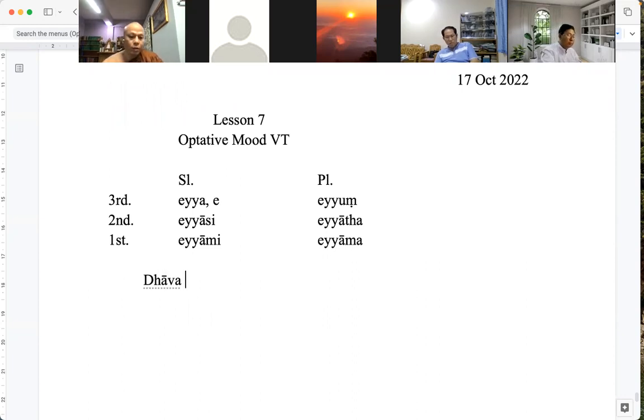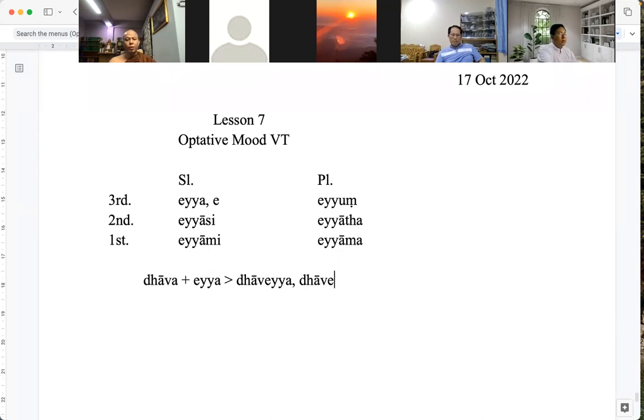To the dava base, by adding iya, we have daviya. But sometimes, instead of daviya, the iya gets dropped. So that is only the contracted form e. So davé also can be the third person singular.